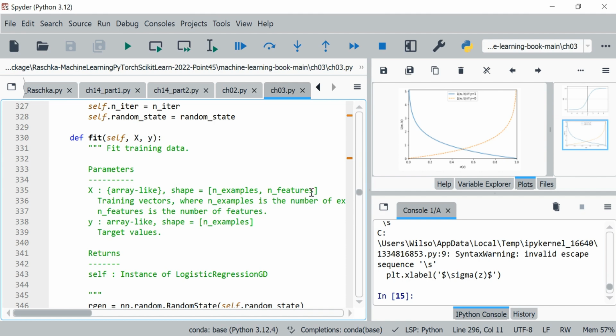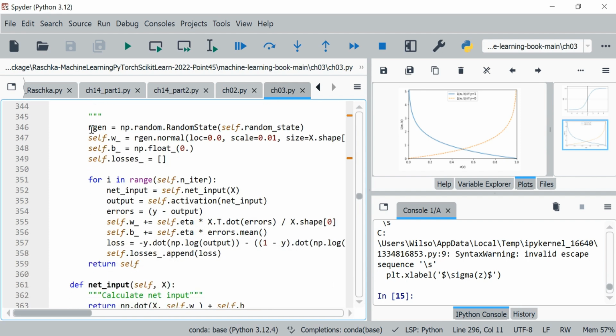Actually here we use 2 features because it's easier to show in the plot decision function. So this is the training data, and Y for labels is an array with the number of samples.